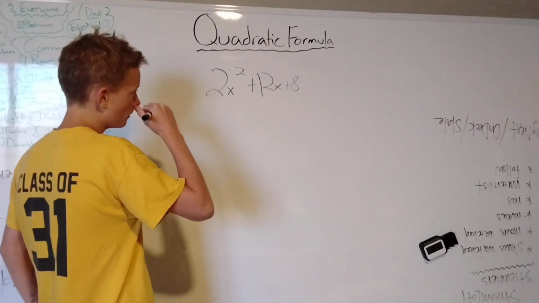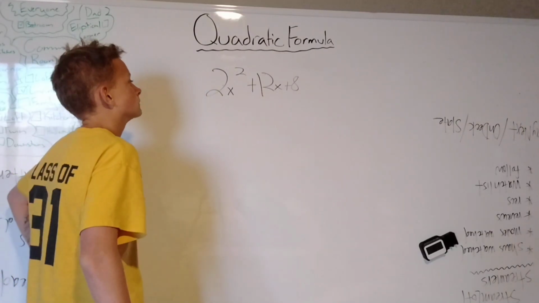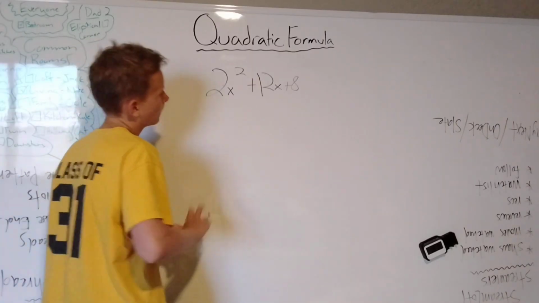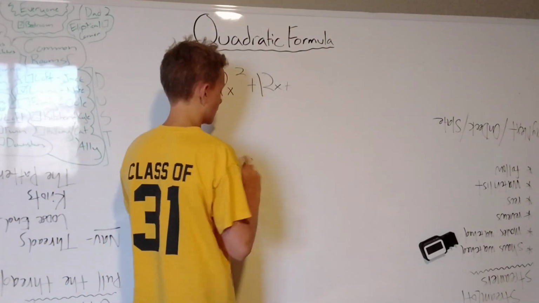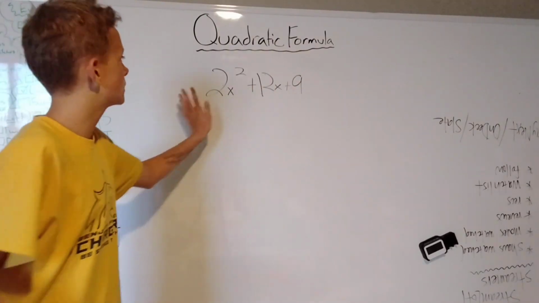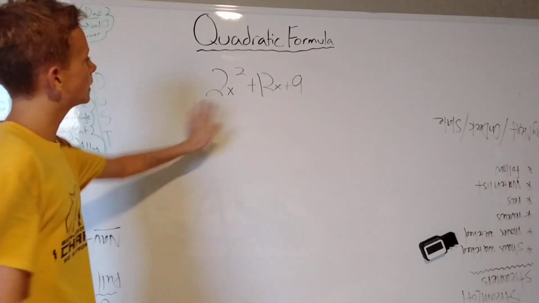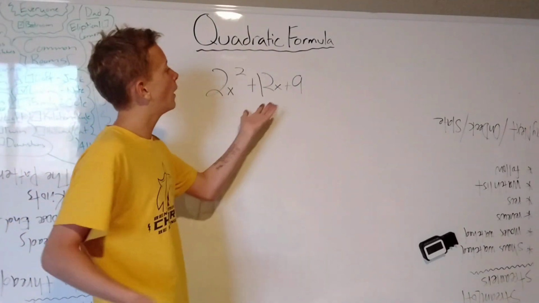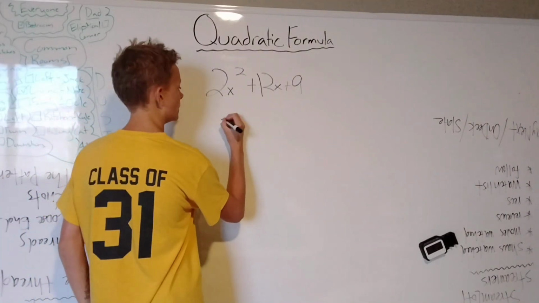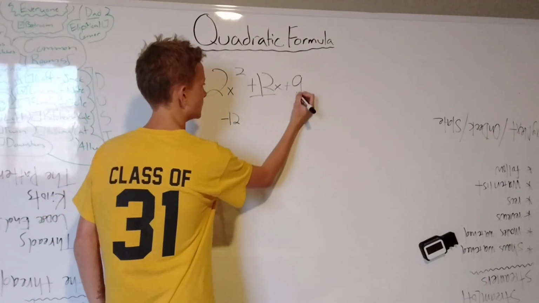Okay, we're going to switch this 8 to a 9 for practical reasons, because if they're all divisible by 2, we can just divide the whole thing by 2, and we're not going to do that. So now we have this. We can't think of anything to factor with, so we're just going to use the quadratic formula. So we get negative 12, because this is b, this is c, this is a.